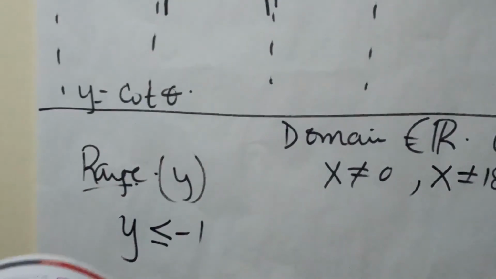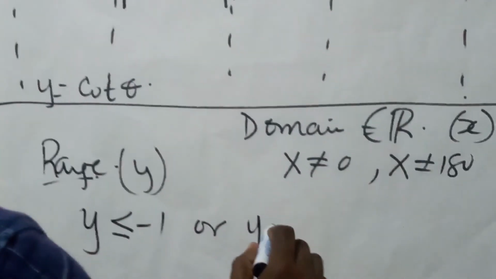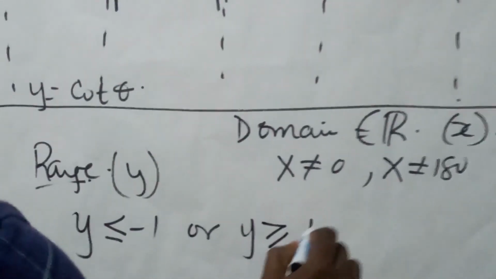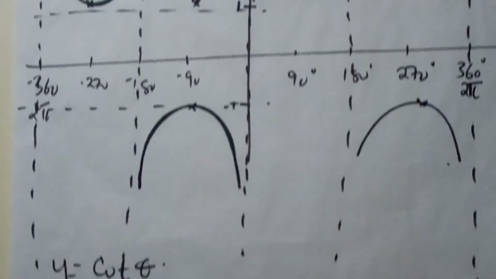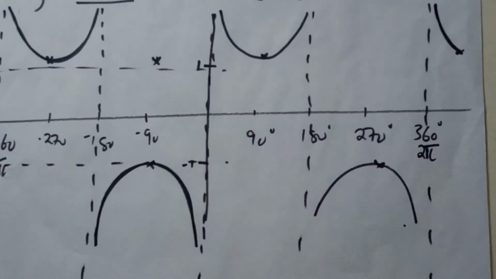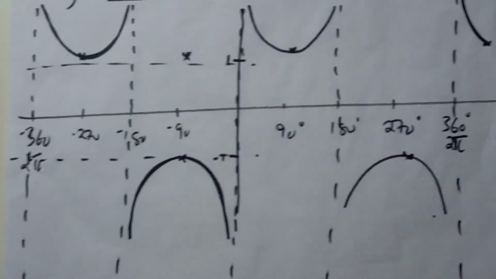And at some point y can also assume the value of 1 and moving forward, so y is also greater than or equal to 1. Those are the range of the graph of y equals cosec x. All right.